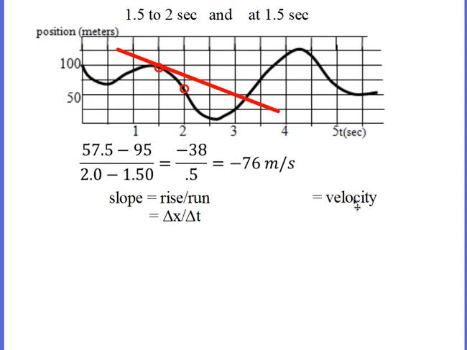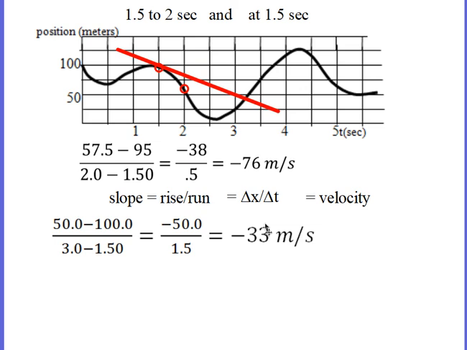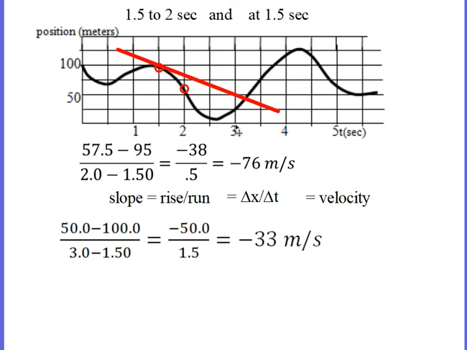So that's what we're doing here. Again, I would take that at 3. I can take any 2 points along this line. I would take at 3, it's going through 50, and at 1.5, I'll say it's going through 100, and then you do the arithmetic.